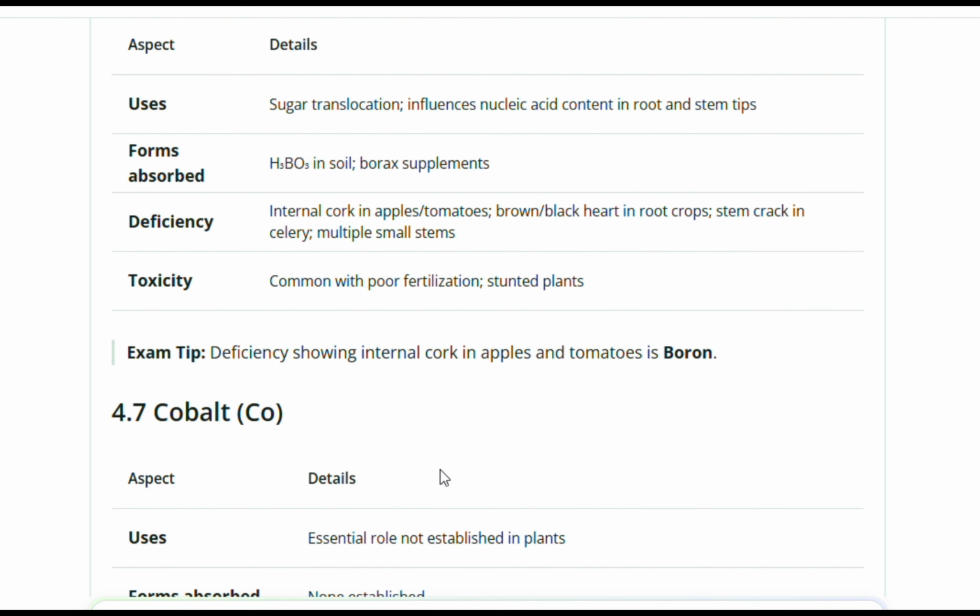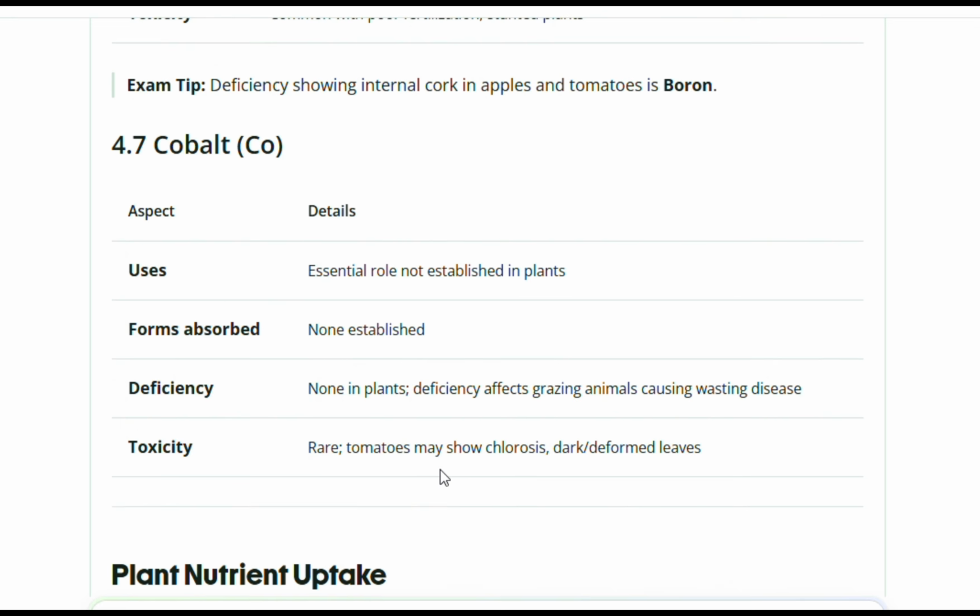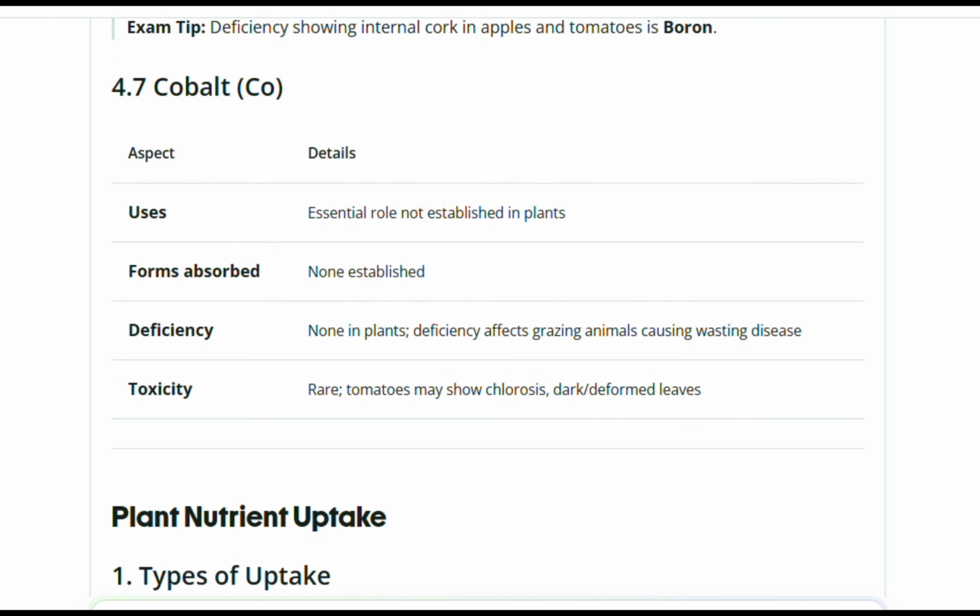Then cobalt. I think cobalt is the last one. Its role as an essential micronutrient has not been established. Essential role not established in plants. Forms absorbed: none established.